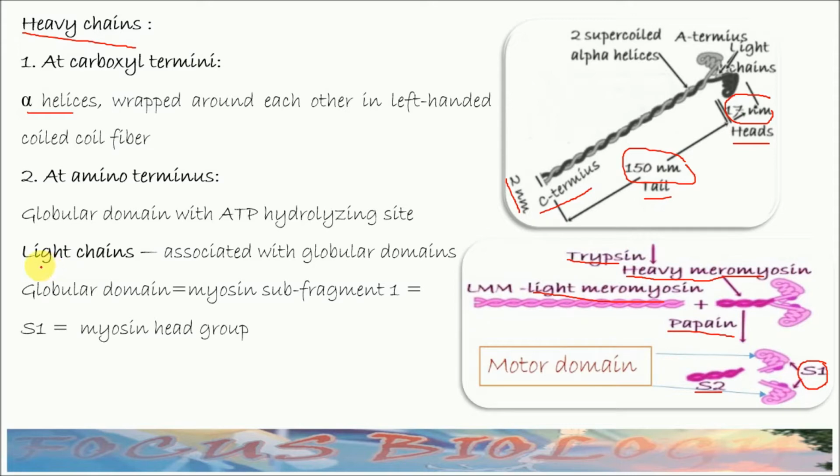Light chains are globular domains. This globular domain has myosin subfragment 1, this one, S1 myosin head group, right? They are found at the amino terminus, right?